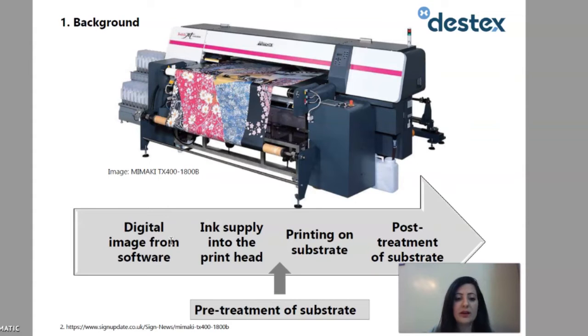The main principle, as we have said, is that we have a digital image from a software, and we can make an order in the printing machine to have the ink supply go into the printhead, and then we print on the substrate, which in our case is the textile, sometimes after applying pre-treatment on that substrate. After that, in some cases, post-treatment of the printing is required to have better quality for after use.